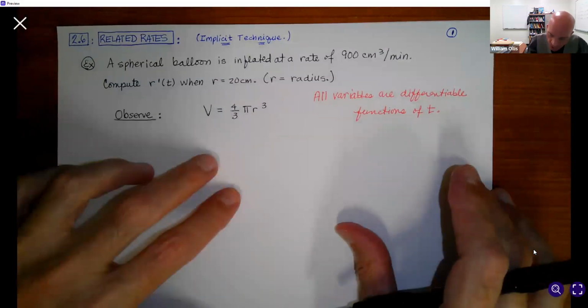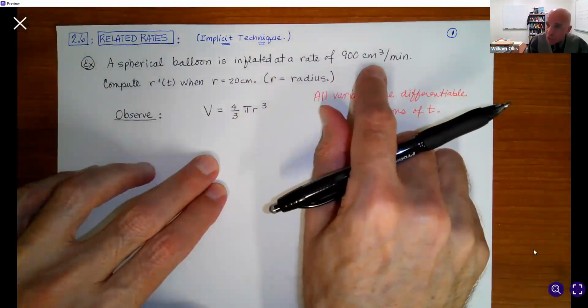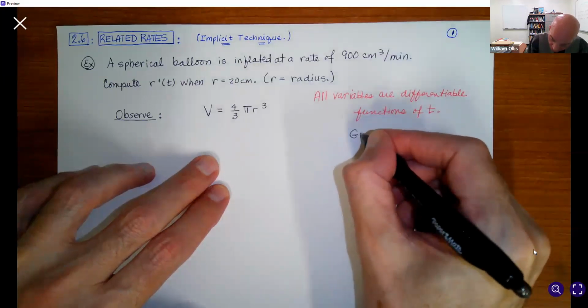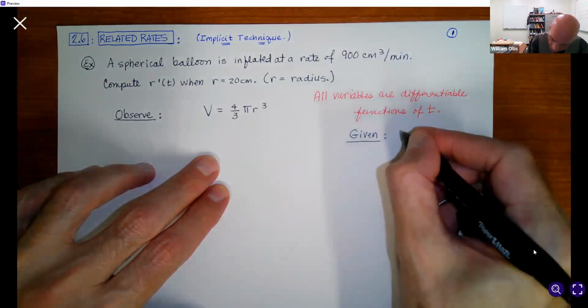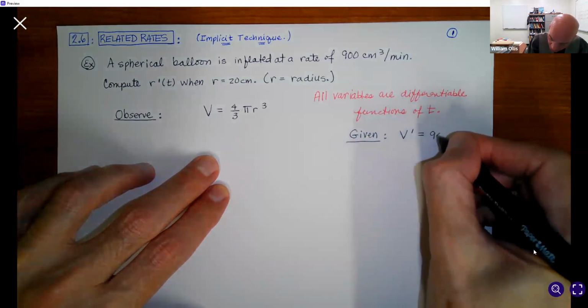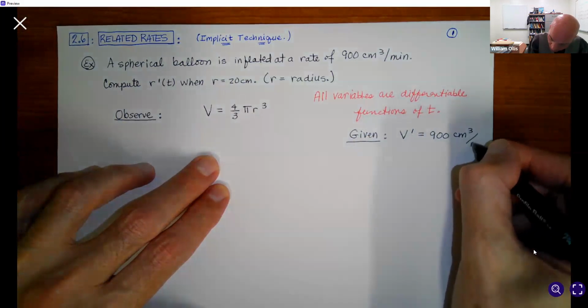Okay, so notice here, the inflation gives us the rate of change of the volume. So we can write a given: V prime is just 900 cubic centimeters per minute.